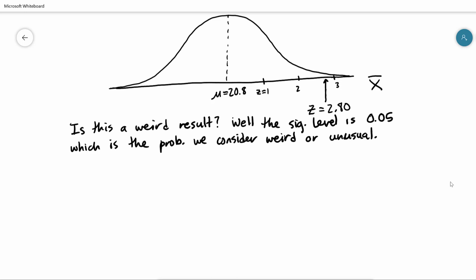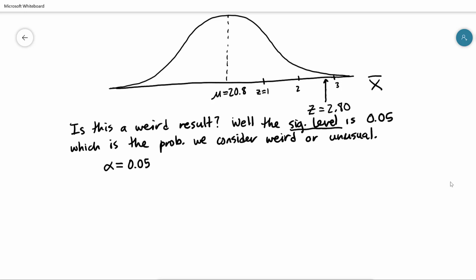And we've talked about this in the past. 0.05 has often been the cutoff for what we called an unlikely event. In this case, for that significance level, we're going to use a letter you've seen before: alpha equals 0.05.